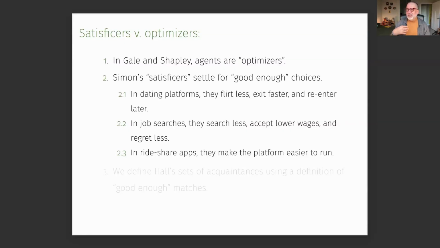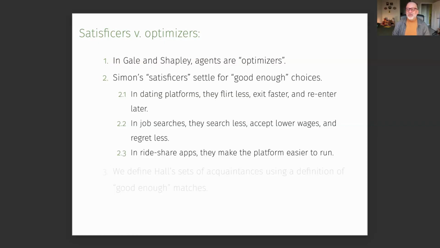And they claim this is computationally very, very hard, and it costs the platform a lot of computational resources to be trying to have these optimal matchings between riders and drivers. And they are suggesting that the way to go about this would be to define what is a good enough match between a rider and a driver, and try to let the platform find good enough matches for everybody instead of optimal matches for everybody, to reduce the computational burden on the platform.